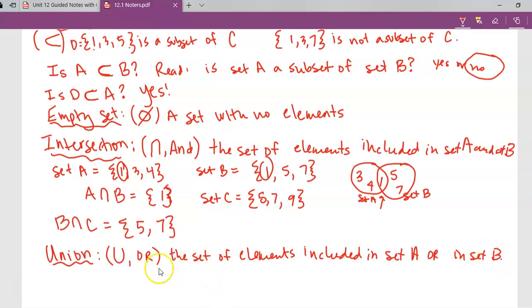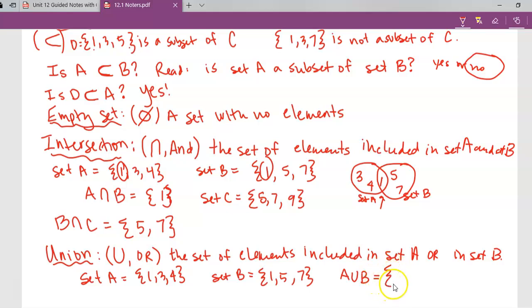Okay, so for example, let's use actually just the same sets from above. If set A is equal to 1, 3, 4, and set B is equal to 1, 5, 7, then the union of these sets, set A union set B, would be equal to any element that's in set A or set B. So 1, 3, 4 would all be here, as well as 1, 5, 7.